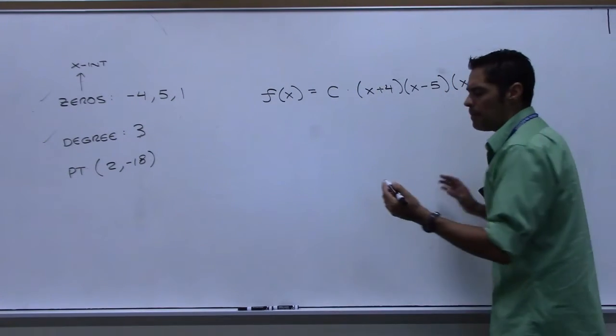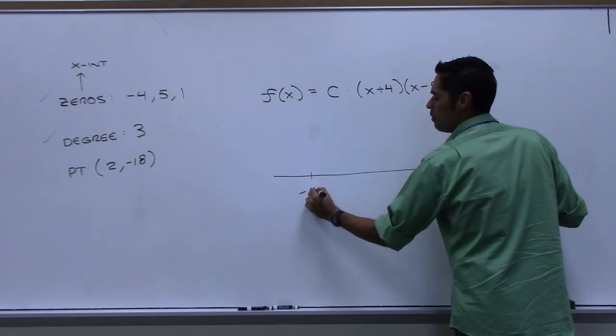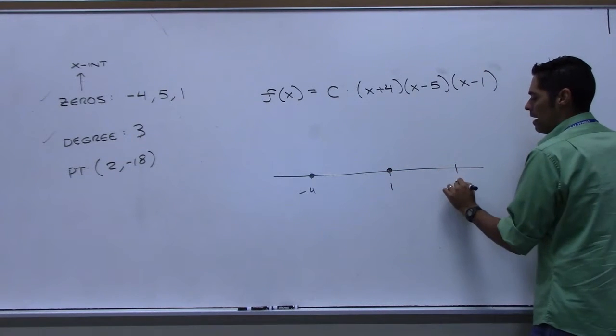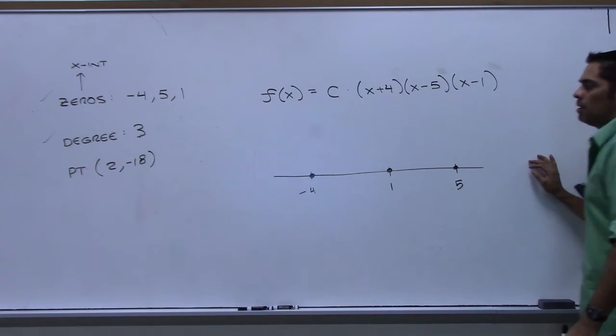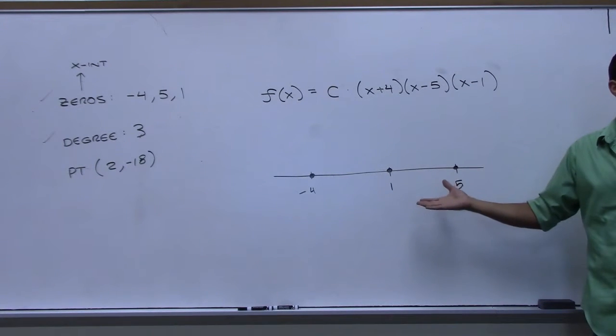So think about it this way if you can. We know that this thing hits the x-axis at -4. We know it hits at 1. We know it hits at 5, right? Agreed? We know it's a degree 3 polynomial, which means that it looks like this or this, right? There are infinitely many polynomials I could draw that are degree 3 that go through these points.